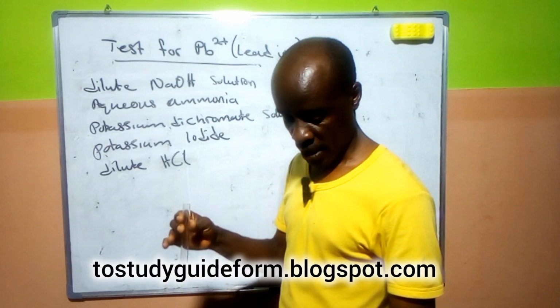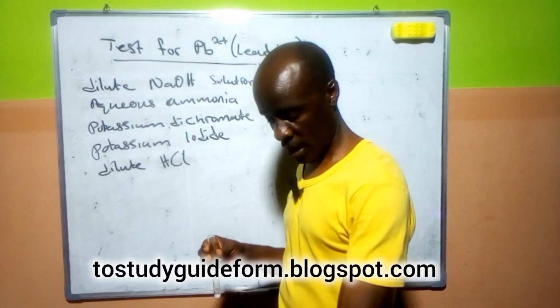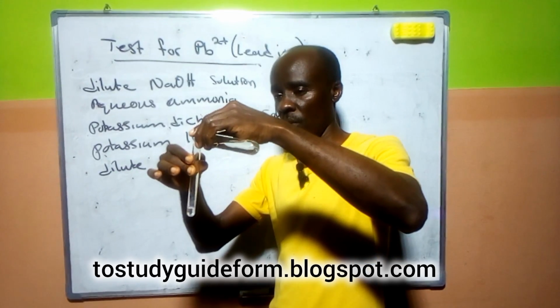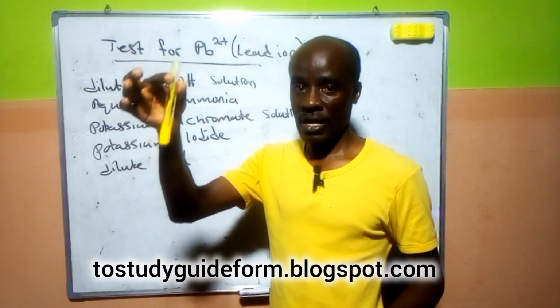So this is our lead ion. We add potassium iodide into the lead ion solution. We still have the same thing.